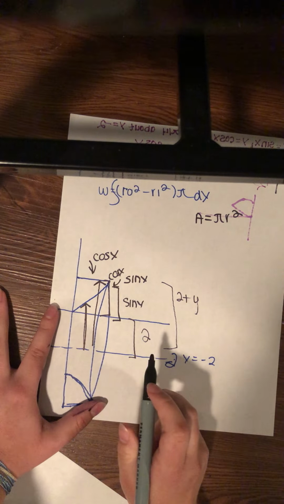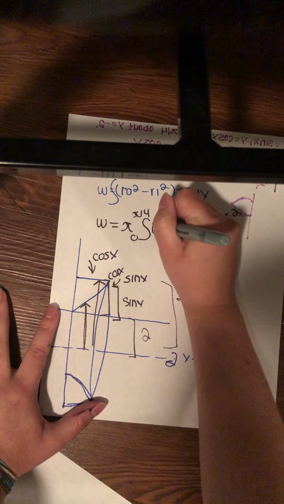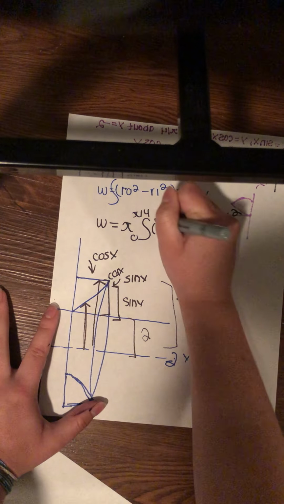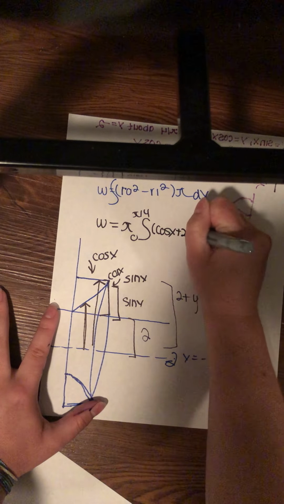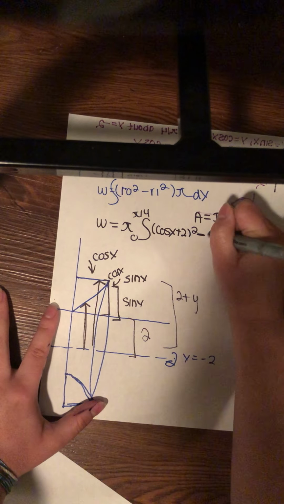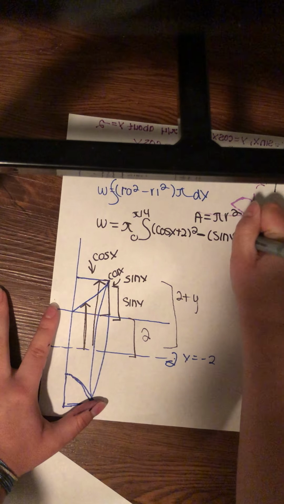and the outer radius is cosec x plus 2 because of what I had shown here, minus the inner radius, which is sine x plus 2.